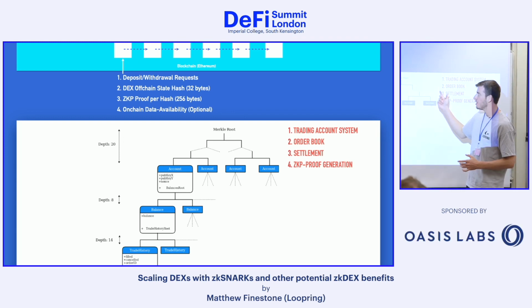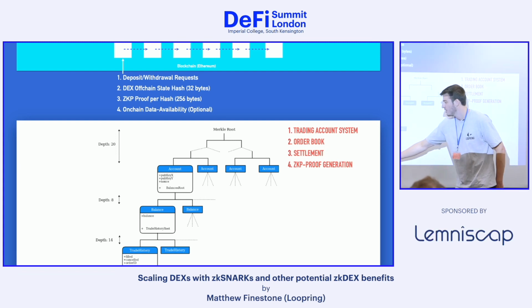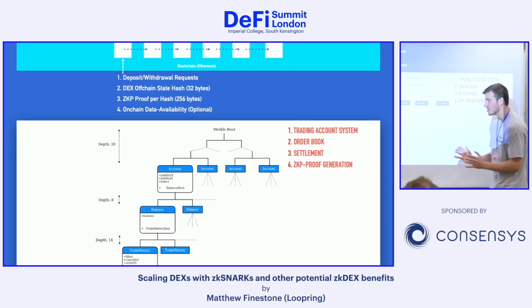The on-chain data availability asks us to put the delta of the leaves of the tree.